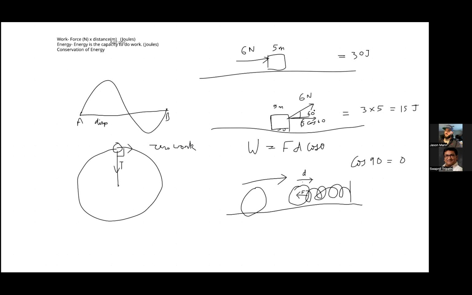So the direction of force and displacement are opposite. So in this case, the spring does negative work. And so it gains energy.